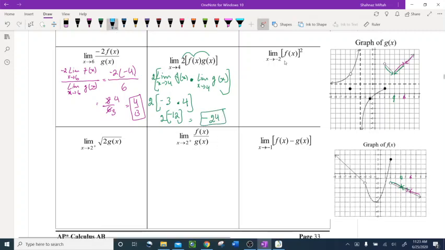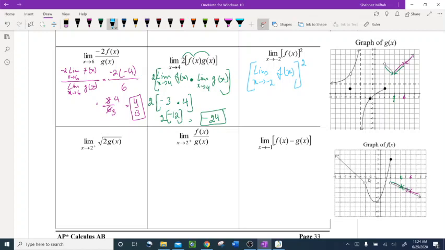Okay, let's do the limit as x approaches negative 2 of f of x to the power 2. We can write this property, if you guys remember: you keep this exponent on top of the whole thing. So what is the limit as x approaches negative 2 of f of x?